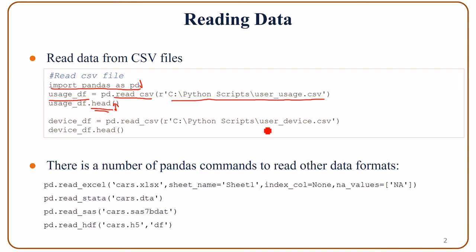So there's another called user device.csv, and eventually there are 2 data frames, user df and device df, and there are a number of pandas commands to read data from other file types, such as read_excel, read_stata, read_sas, and read_hdf.